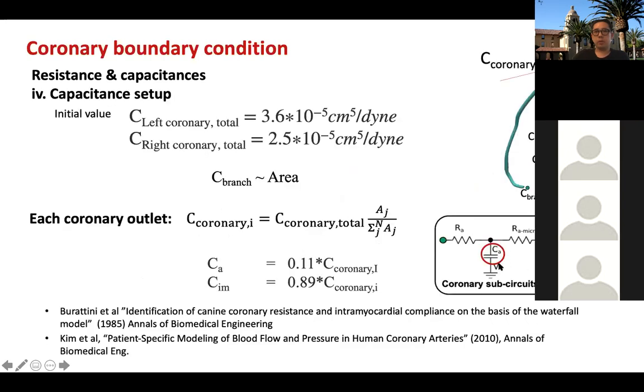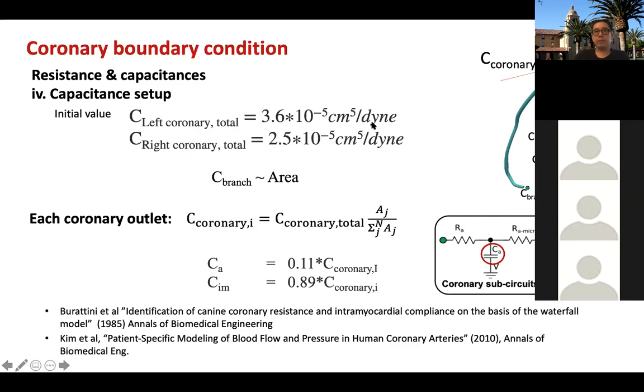We also need to prescribe the capacitance in the circuits. There are 2 capacitances: one is the compliance of the proximal coronary artery, and the other is the capacitance of the myocardium. Basically, we distribute the total capacitance to each branch like the resistance.